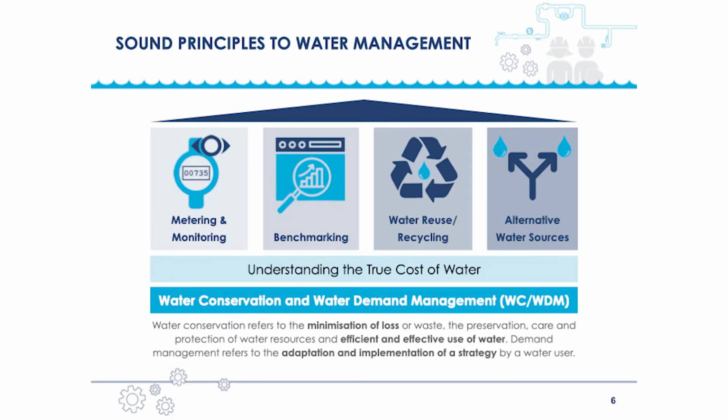Maybe quickly, the principles of a water management plan are that you should have metering and monitoring. You should have benchmarking of some sort, and also water reuse, recycling, and alternative water sources.